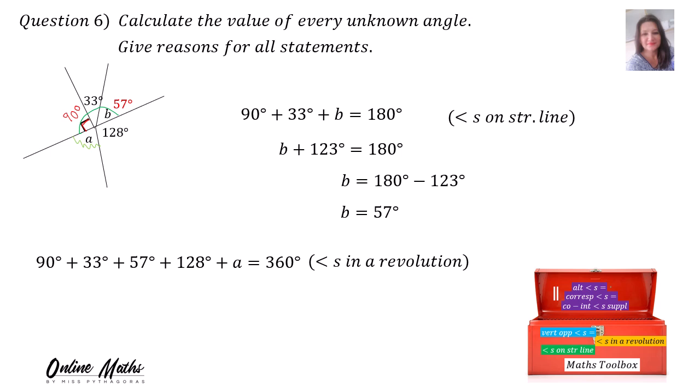So we say 90 plus 33 plus 57 plus 128 plus A. So all of them add up to 360 degrees, and the reason, angles in a revolution. Now we add everything on the left hand side, and that adds up to 308. And let's solve A. 360 minus 308, A is 52 degrees.